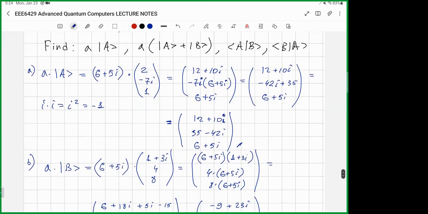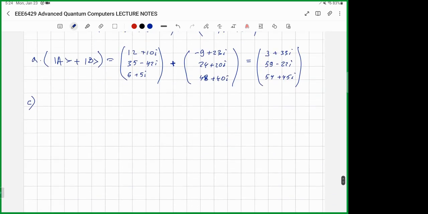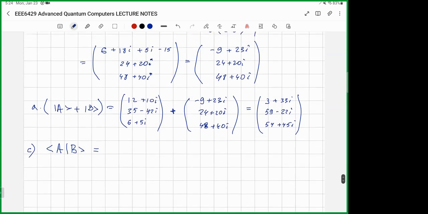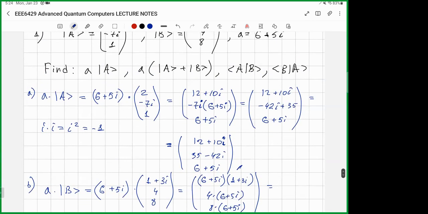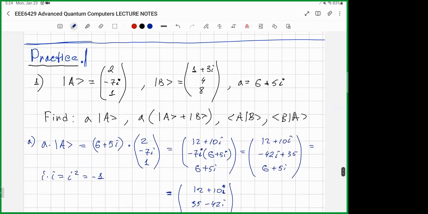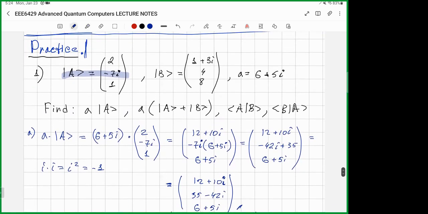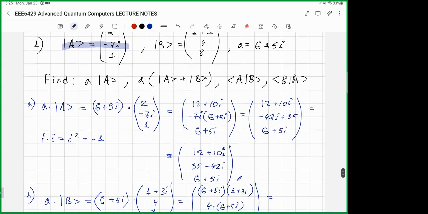So next, the third one, the inner product. So part C, inner product of A and B. First of all, where is the vector A? Vector A is this one. And now we need first to write this bra vector.